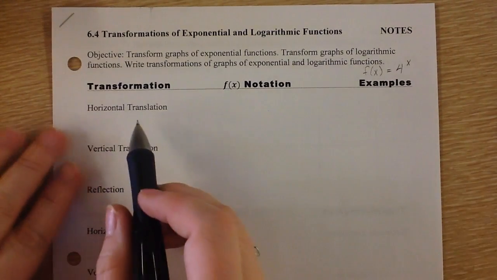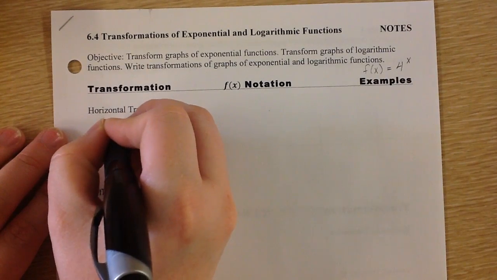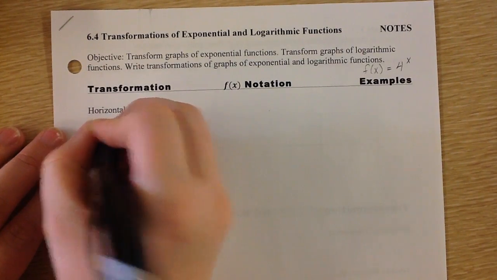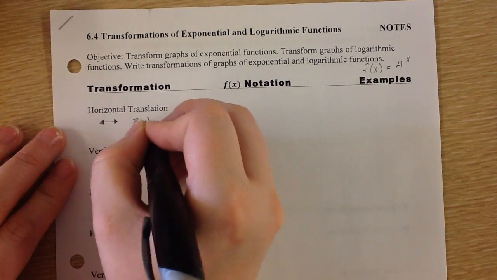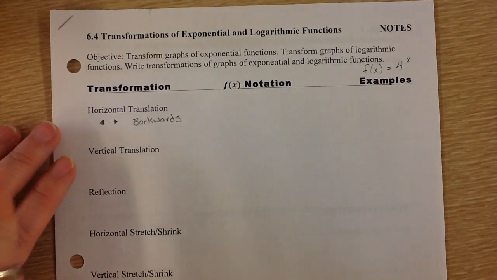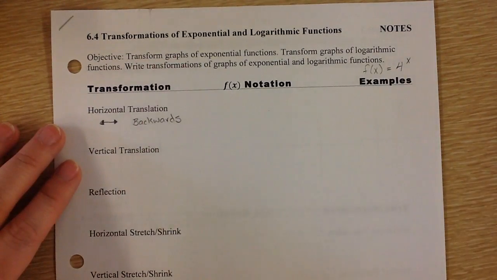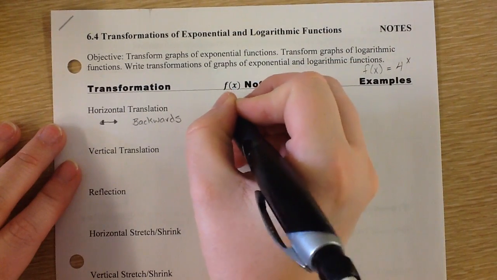Okay, so if I want to translate it horizontally, again, horizontally is left and right. Remember, horizontal translations work backwards from how you think they would. Subtracting moves to the right, adding moves to the left, and it works inside the function.